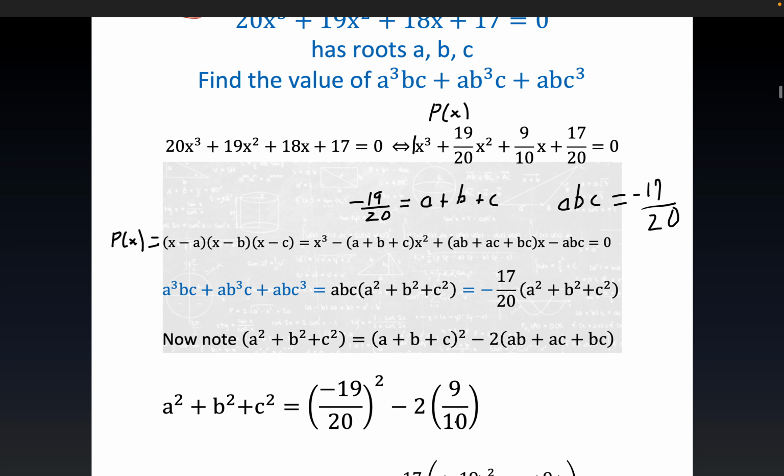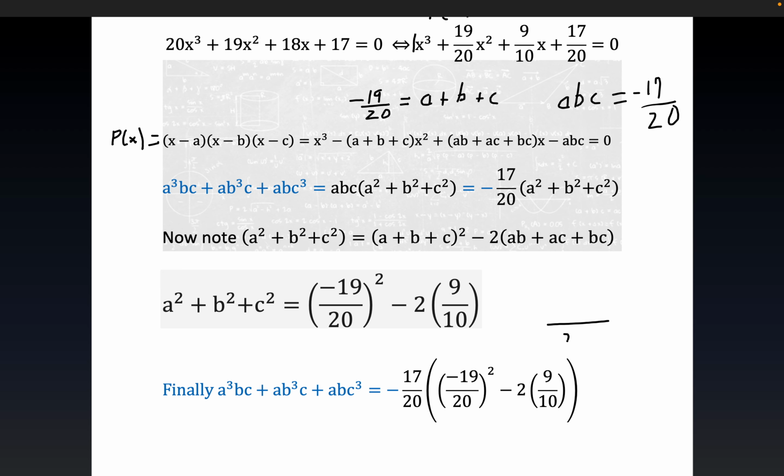Now, y'all, one thing to notice about this computation, I'm not going to show you each of the arithmetic steps, but you know it has to be something over 20 cubed. That's because you have a 20 here, then you have a 20 squared here. Okay? So that'll be your common denominator, so to speak.